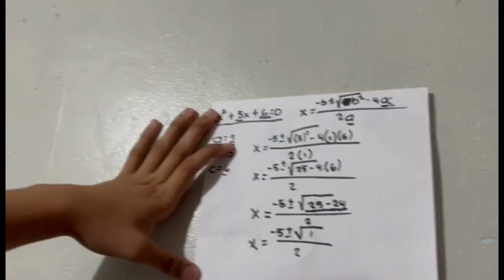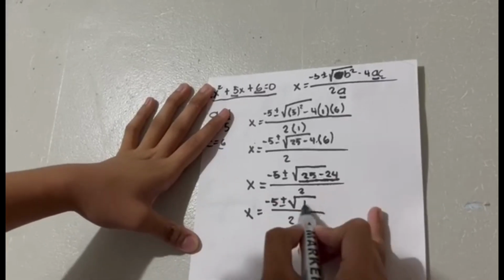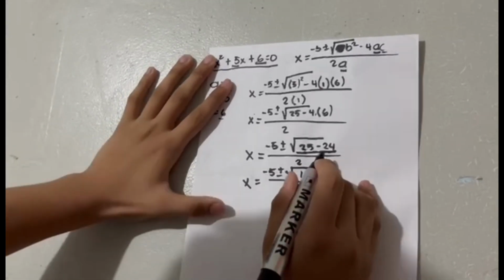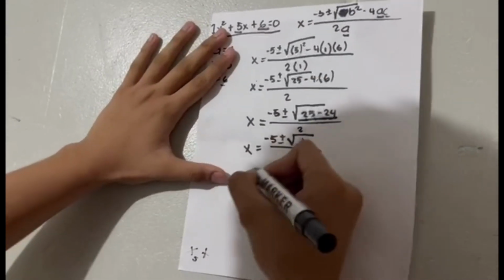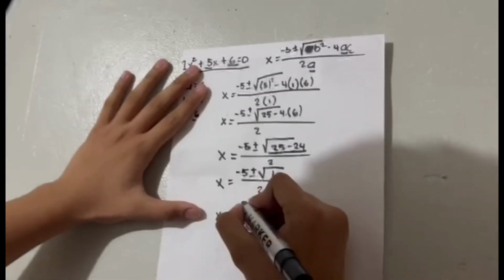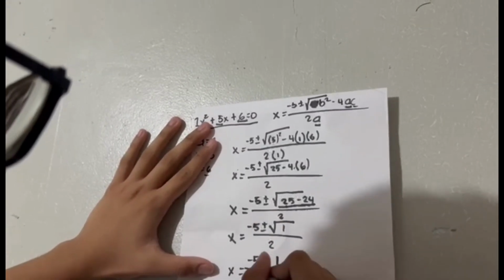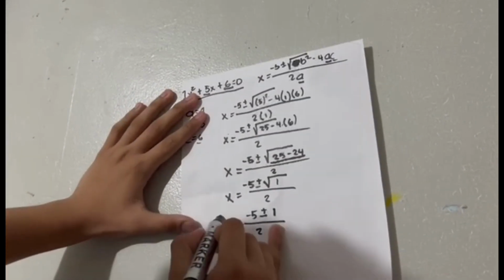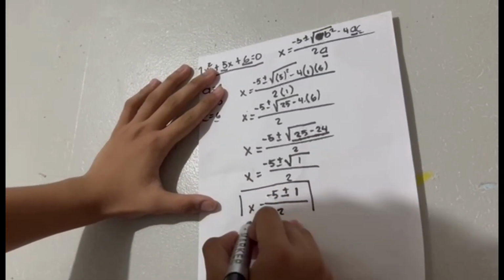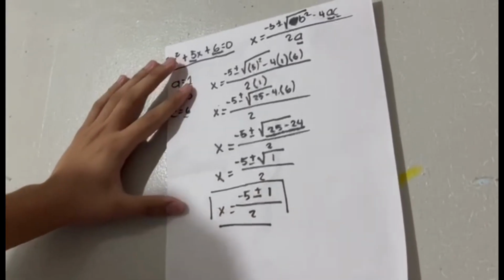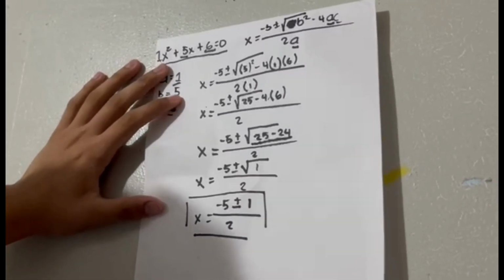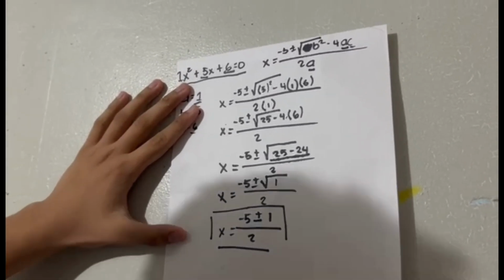The square root of 1 is 1, so x equals negative 5 plus or minus 1 over 2. Now, this is not the final answer. We need to find the values of x sub 1 and x sub 2.